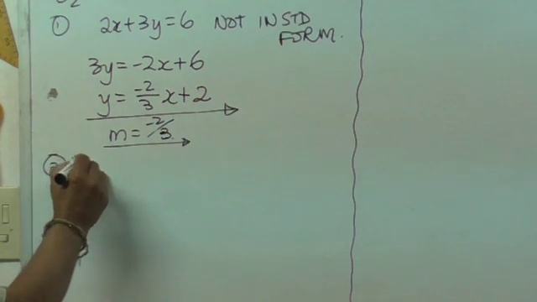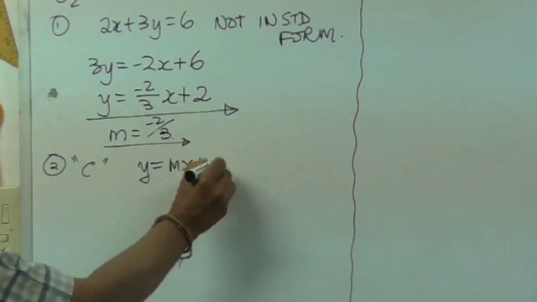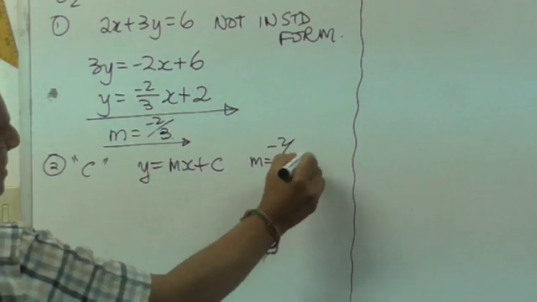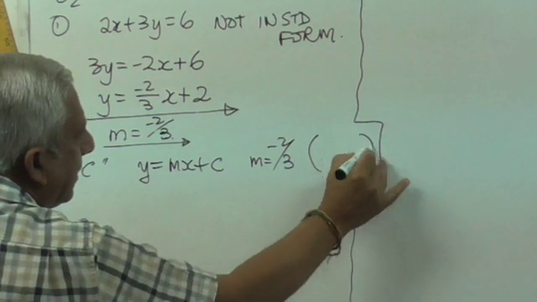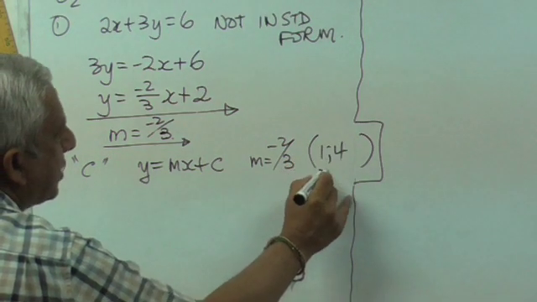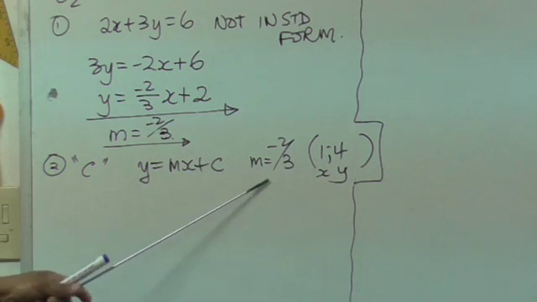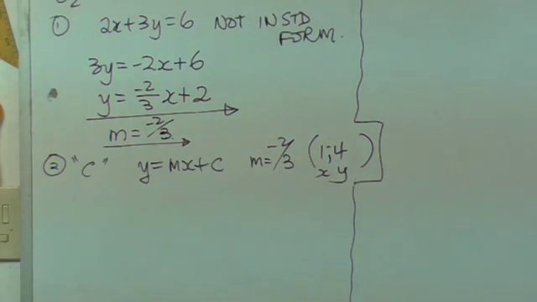To calculate c, we take y is equal to mx plus c, put in m equal to negative 2/3, and put in the ordered pair (1, 4), where 1 is x and 4 is y, through which it is passing.